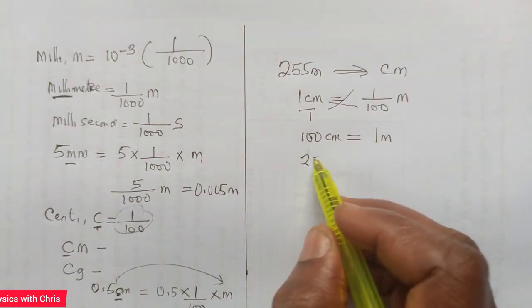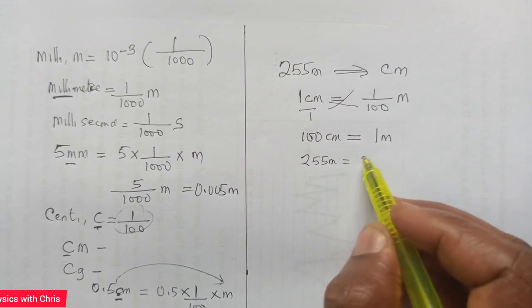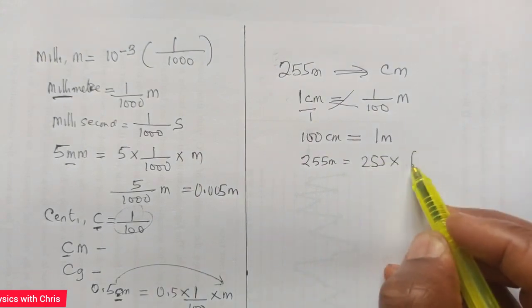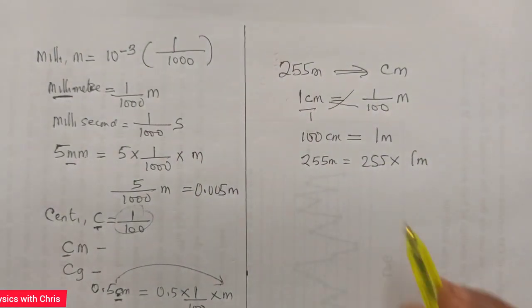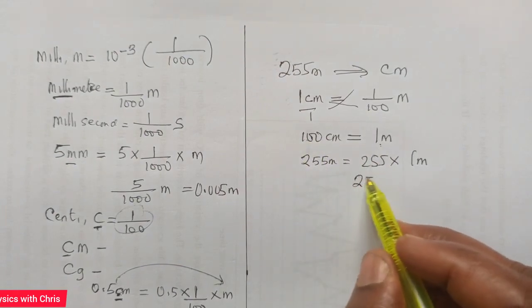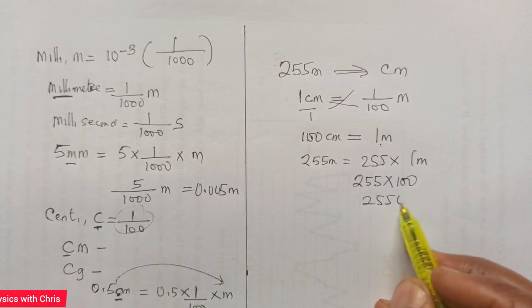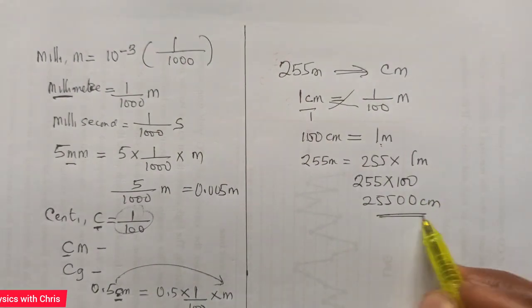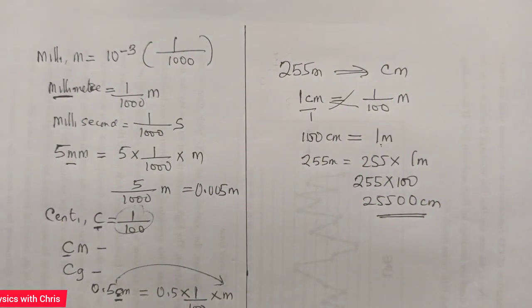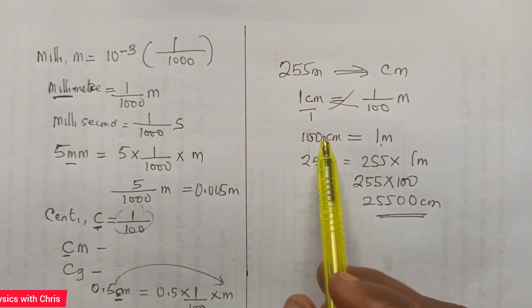So if you are given 255 meters, it is the same thing as 255 times 1 meter. And when 1 meter is 100 cm, that gives you 255 times 100. That gives 25,500 centimeter.